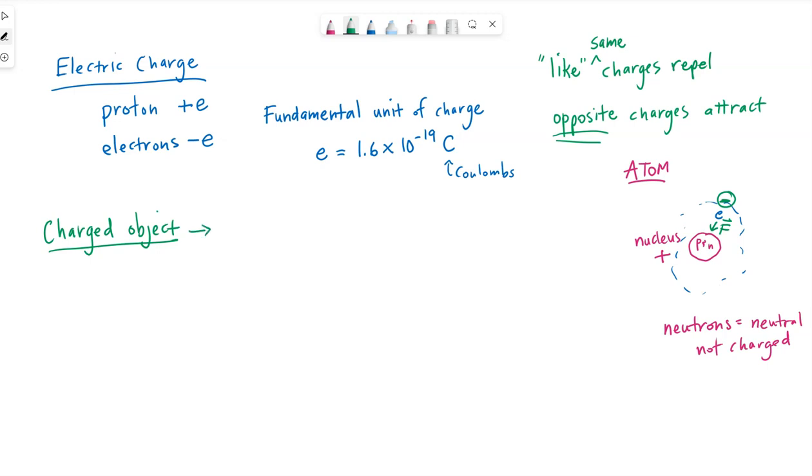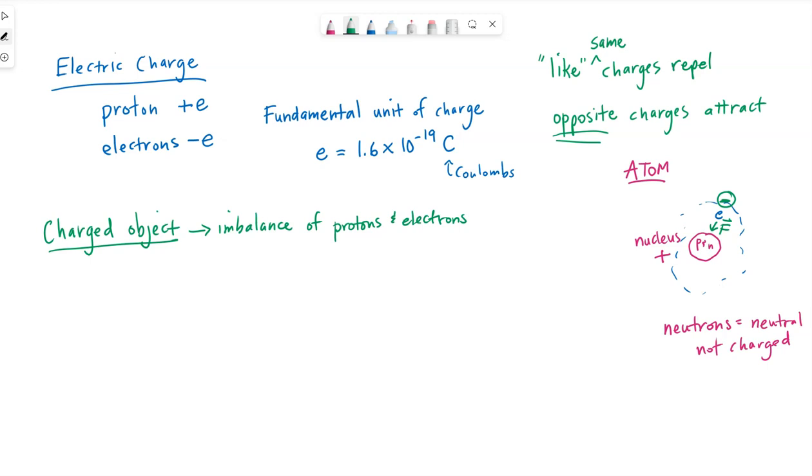A charged object has an imbalance of protons and electrons. So either there are more electrons than protons or fewer electrons than protons.